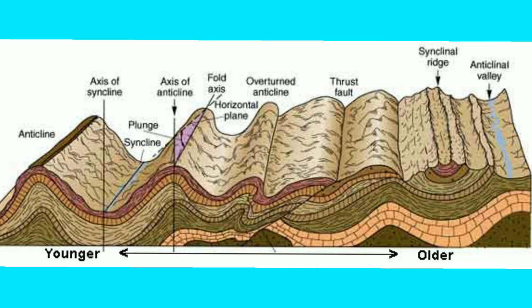If you take a piece of handkerchief and push it from both the sides with your hands, very small folds will occur. So this is how the soft beds of mountain building materials have crumbled up to form the folds, and thus these mountains have formed.